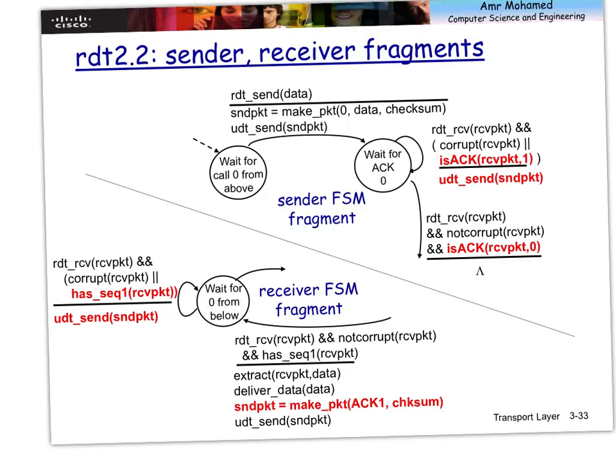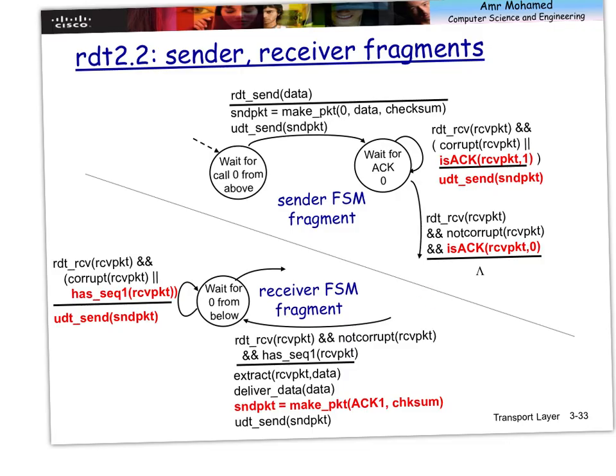If the receiver receives segment 1 and it's corrupted, this will actually trigger this state, not the other state, because here the receiver should wait for segment 1. If I receive it at this state, I'm expecting segment 1.